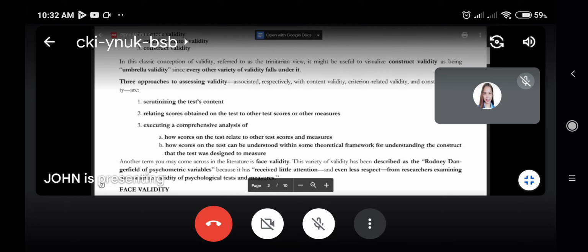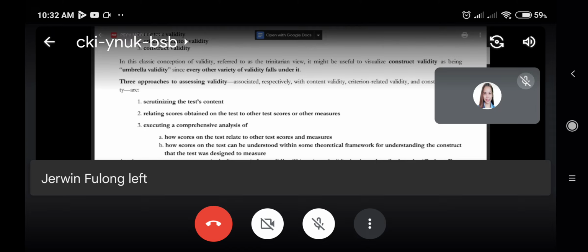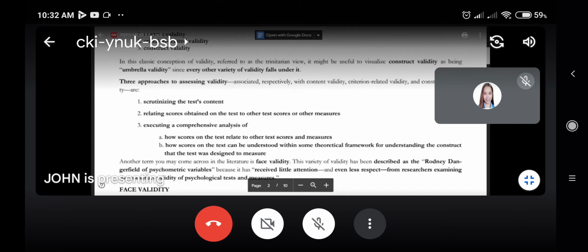Let us say that you are using Maslow's hierarchy of needs as your theoretical framework. Ibig sabihin, this theory must also be reflected in the questionnaire. Pero minsan, halimbawa, sabihin ng bata na nagde-defend, we are using Maslow's hierarchy of needs. Tapos yung tinignan mo yung questionnaire, there is none of the items pertaining to Maslow's hierarchy of needs. So technically, the study is wrong.